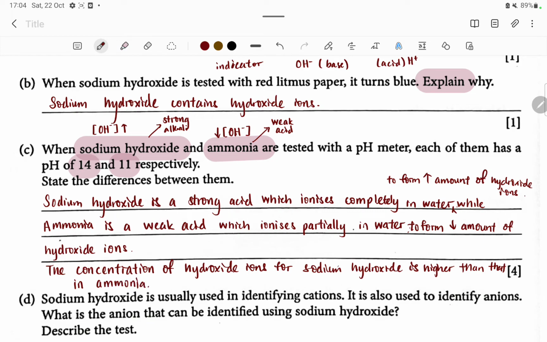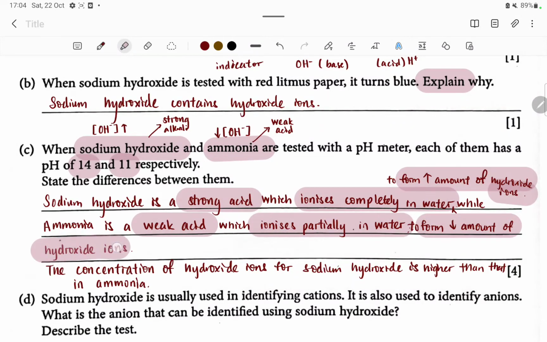So for this one, first point will be at strong acid and then ionizes completely in water. This one first point, second point, and then this one extra point from large amount of hydroxide ion, your third point. Weak acid, 4th point, ionizes partially in water, 5th point. From small amount of hydroxide ions, 6 points. Actually, this kind of question you can get more marks from the given points lah.